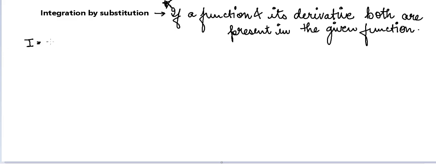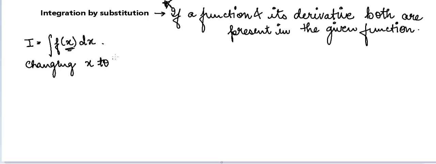If you have to find the integration of f(x) dx, I will change this x, which is an independent variable, into t, which is dependent on x. I will be substituting x with t, which is dependent on x. So x is equal to g(t).